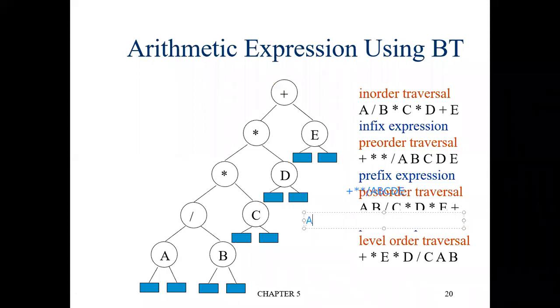So A, and then the corresponding right subtree and their corresponding parent, and then the left subtree. This will be the answer.